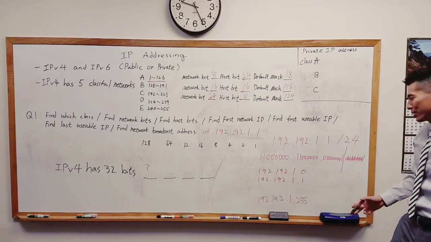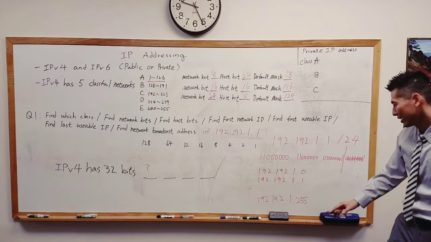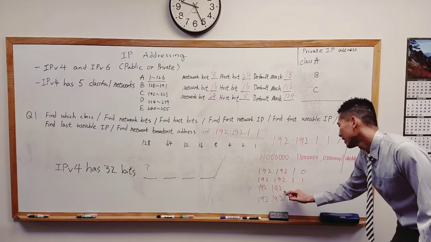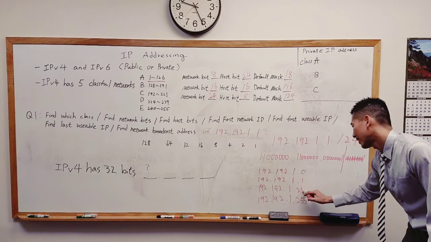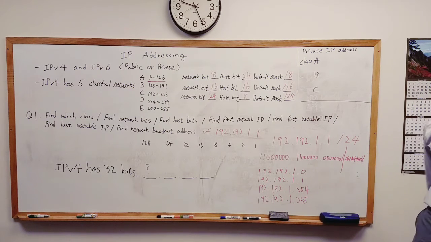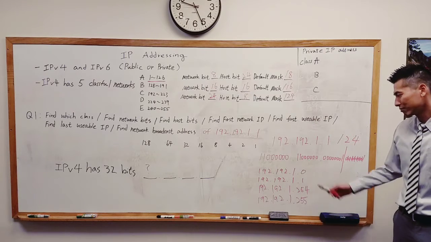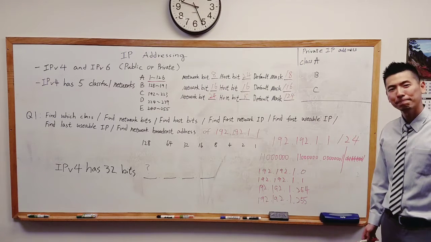So the last usable IP is this subtract 1. So it's going to be 192.192.1.254. There you go. That's how you find this information from this IP address.